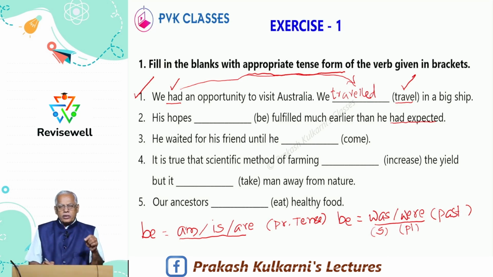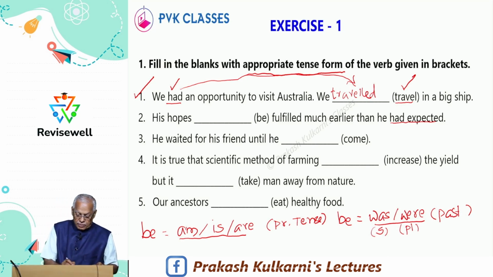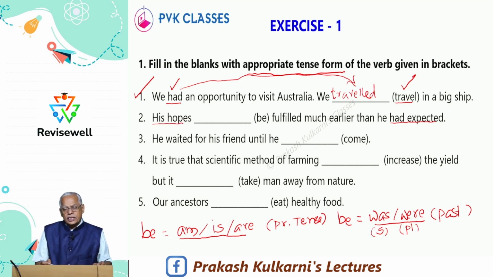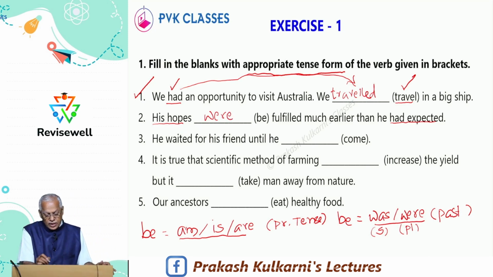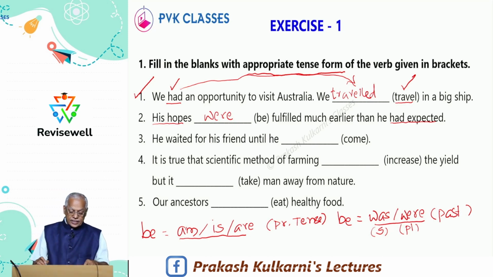Was or were? Now please remember, here the subject, subject means in Kannada kartrupada. So here his hopes is plural. Therefore, a plural verb must be used. His hopes were fulfilled much earlier than he had expected. So the correct tense form of the verb is were, W-E-R-E.